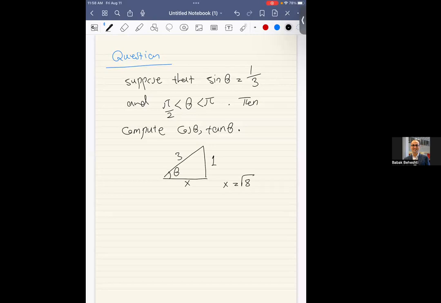Remember that the only thing you need to be careful about is that theta is between pi half and pi. Because theta is between pi half and pi, cosine is negative. So cosine theta is minus.